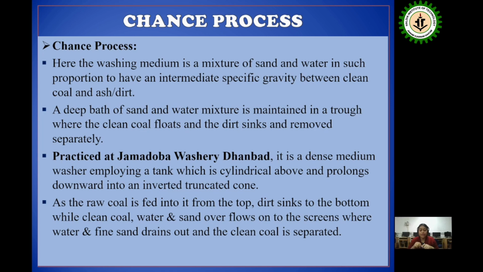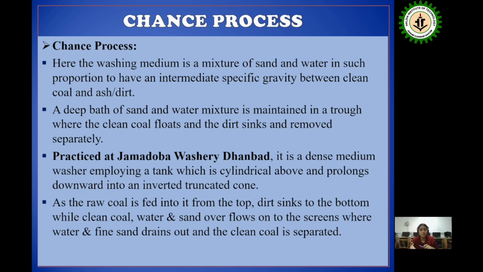As the raw coal is fed into it from the top, the dirt sinks to the bottom while the clean coal, water and sand overflows onto the screens where water and fine sand drain out and clean coal is separated.